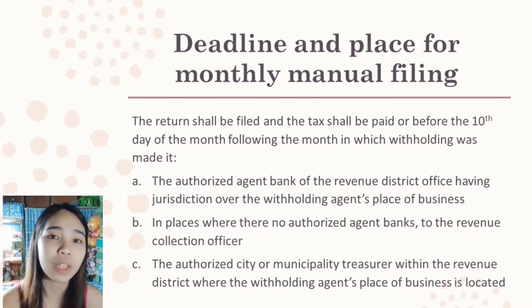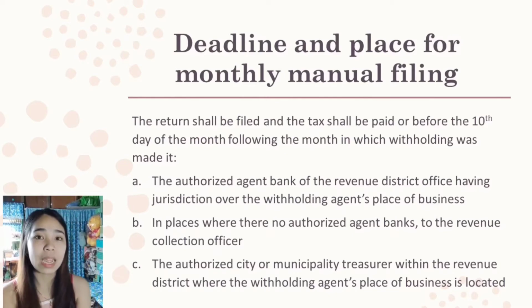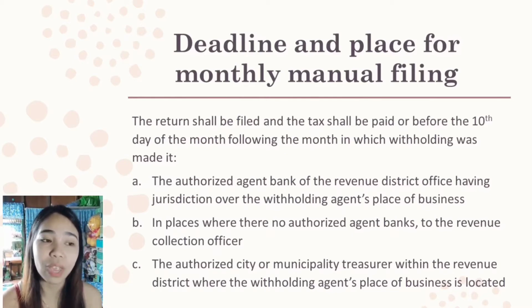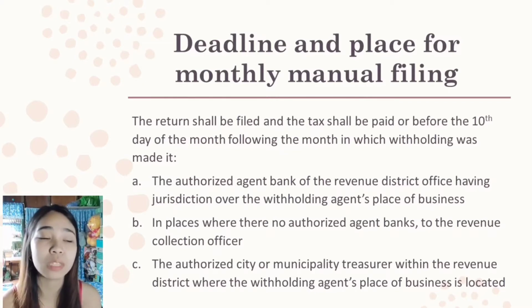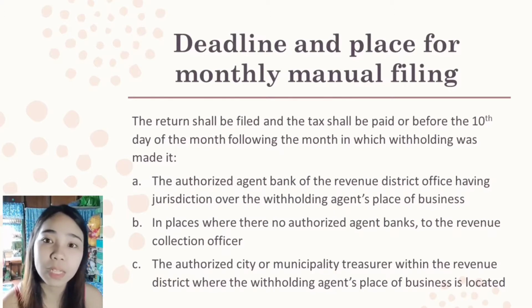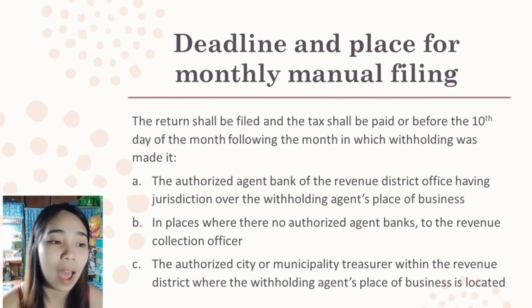So why is it important to have a monthly deadline and monthly manual filing? It is because it's important to file and pay your tax return on time to avoid penalties imposed by the IRS.